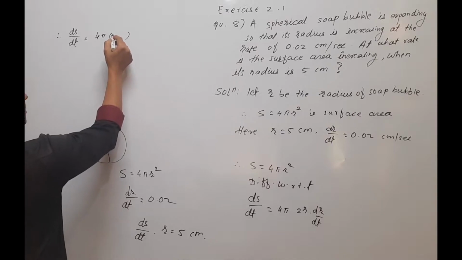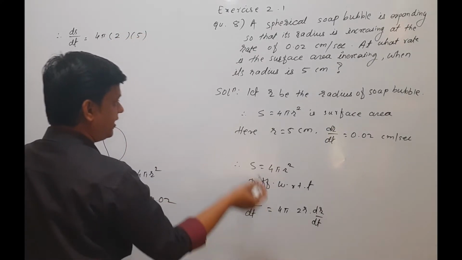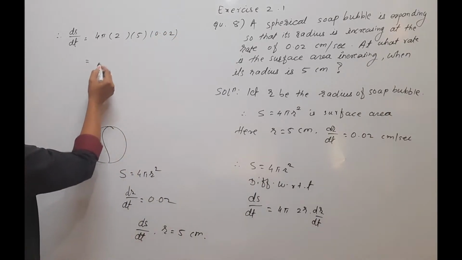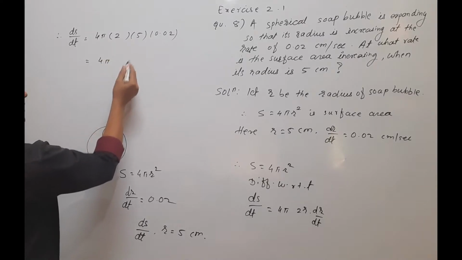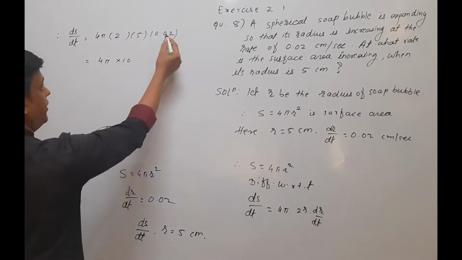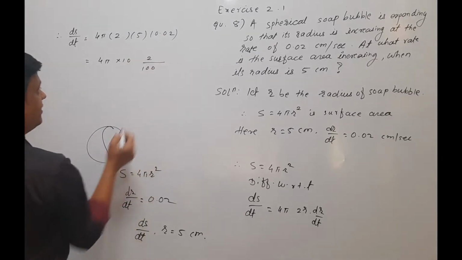So right here 2 into 5, then dr by dt we write 0.02. So we write here 4 pi, this 5 into 2 we get 10. So into 10 we write the 0.02 as 2 upon 100.